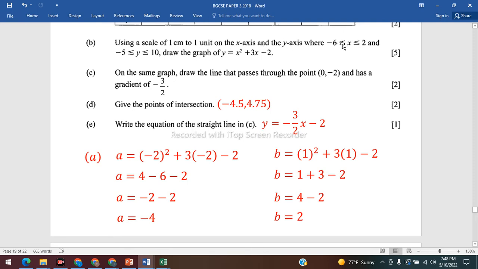What are our x values going to be between? Negative 6 and 2. And our y values? Negative 5 to 10. Okay, so let's get our graph paper and graph it out.